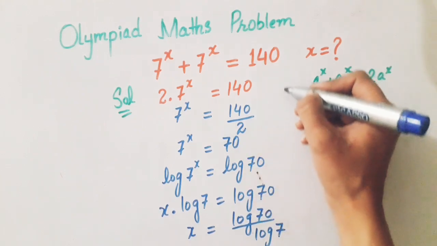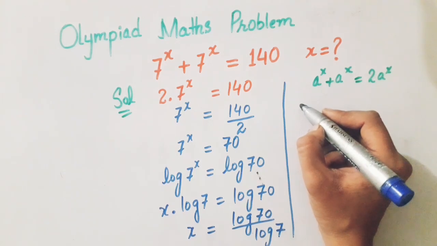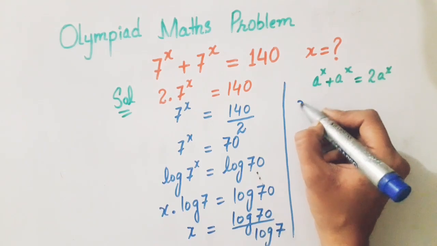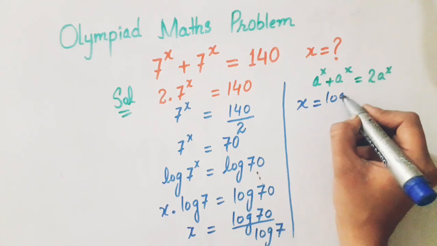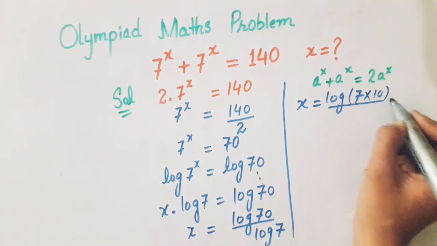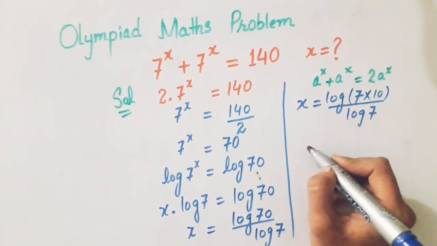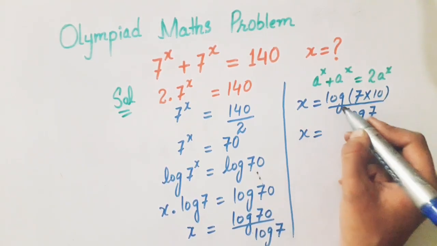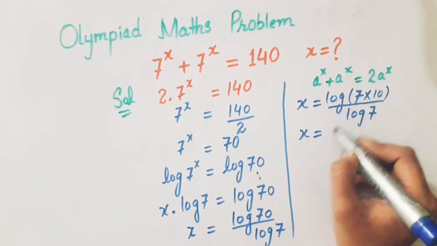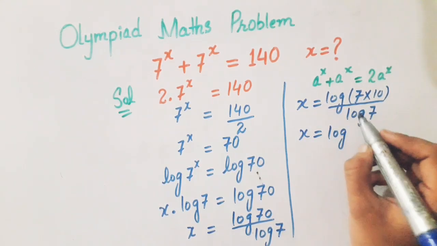Now in the next step, we can write 70 as log of 7 multiplied by 10, and this is divided by log of 7. Now we will apply the product rule of log. According to that, when two numbers are multiplied and log is applied, it will be added.